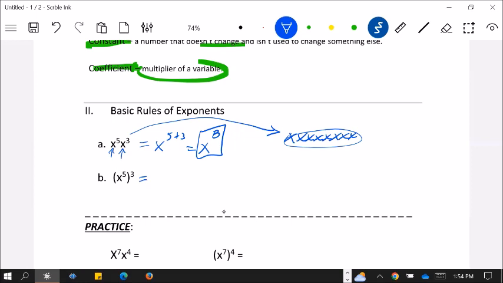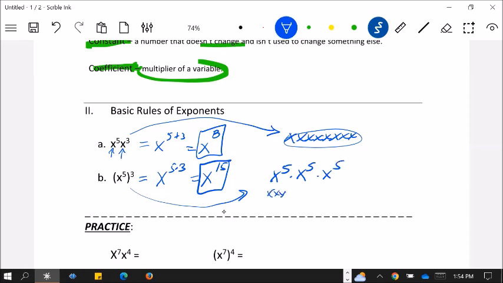In this one, when you see an exponent of an exponent, that means you multiply, x to the 5 times 3, so you get x to the 15th power, not to the 8th. The reason is that the exponent 3 means you have x to the 5th times x to the 5th times x to the 5th.